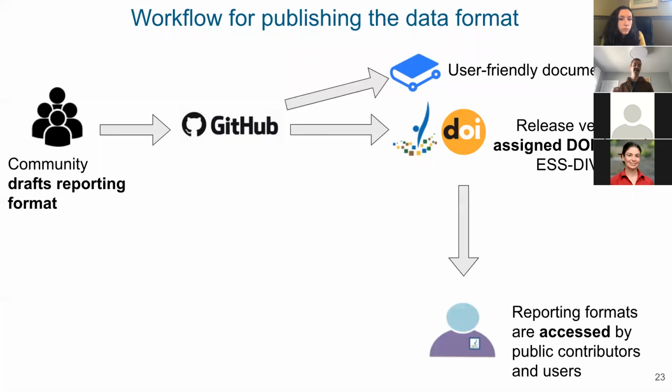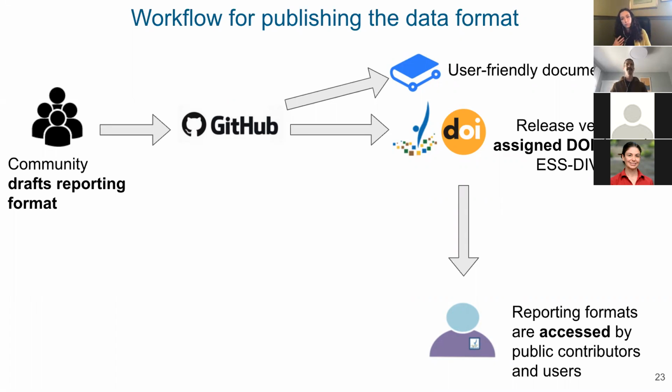The formats can then be accessed by researchers that, say, want to contribute data to the repository. And importantly, those same formats can be accessed by data users, for example, data modelers, that want to suggest revisions to the reporting format, since the whole point of this is to make the data more useful downstream for data users and, of course, data contributors.